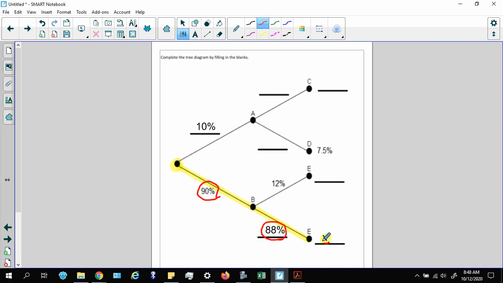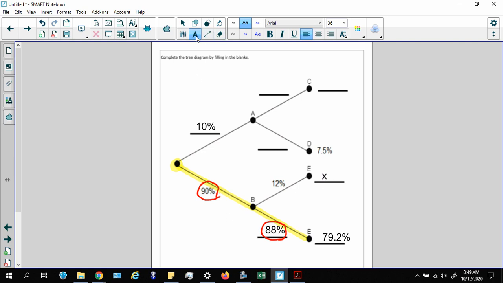So to figure out our destination, all we would do is multiply 90 by 88%. So 90 by 88% would give us 79.2%.